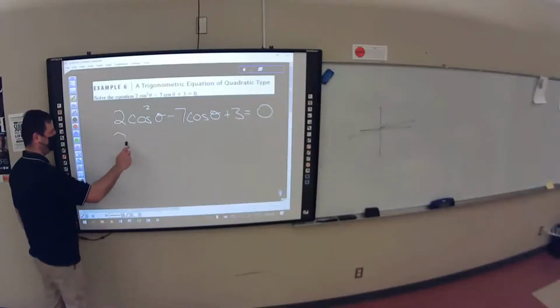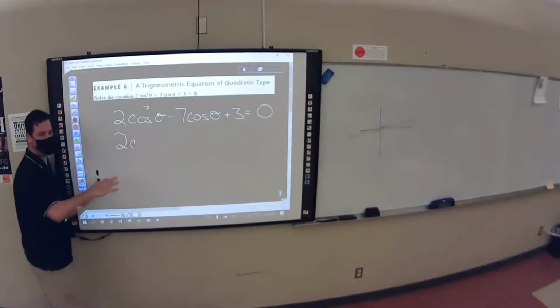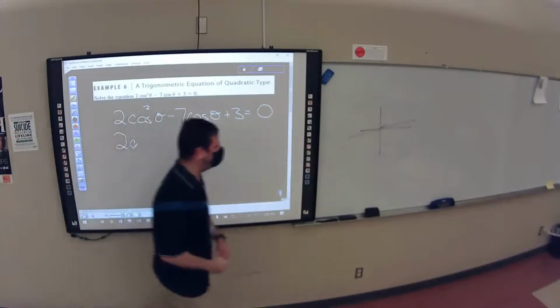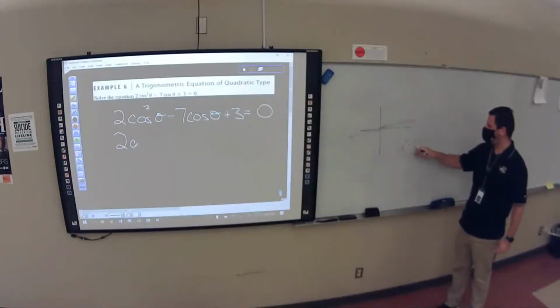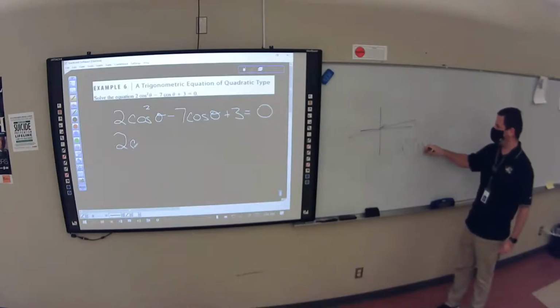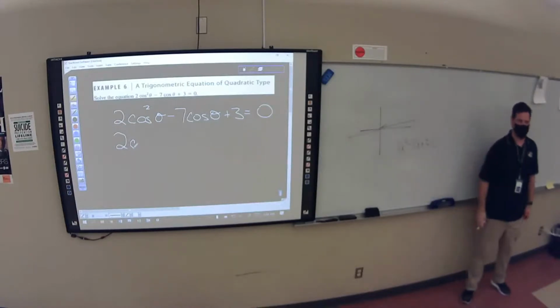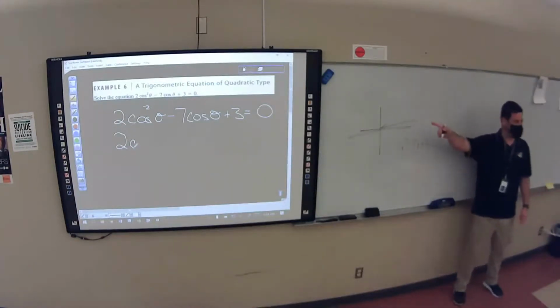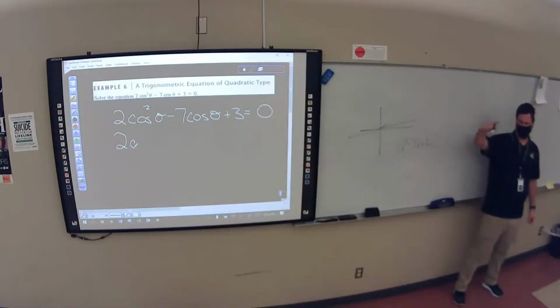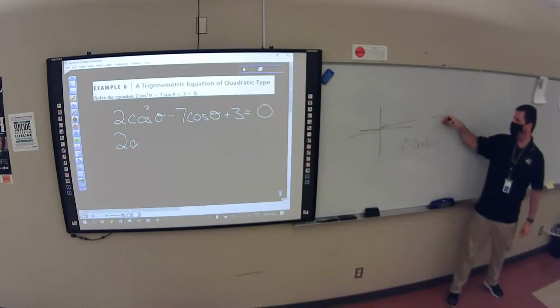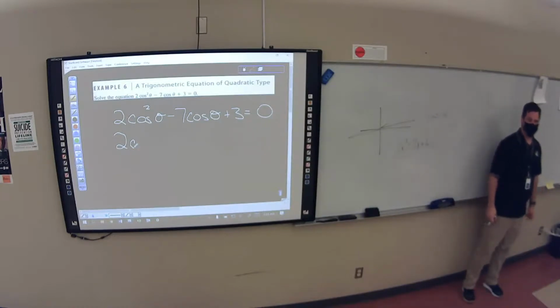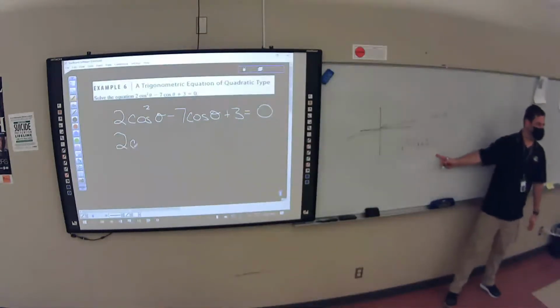It's nice. So if you have a tough time factoring this, just go over here to the side and say it's 2x squared minus 7x plus 3. Fair enough? You have a tough time factoring that, which you do at first because it's just tough to see. Change cosine theta to x, and then factor it.